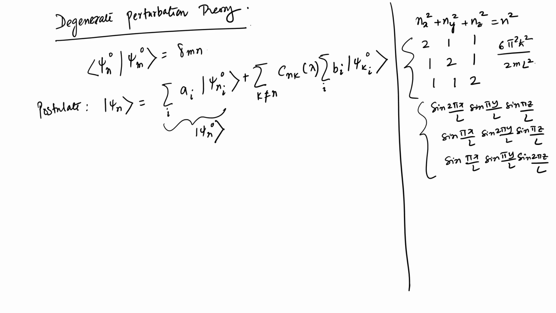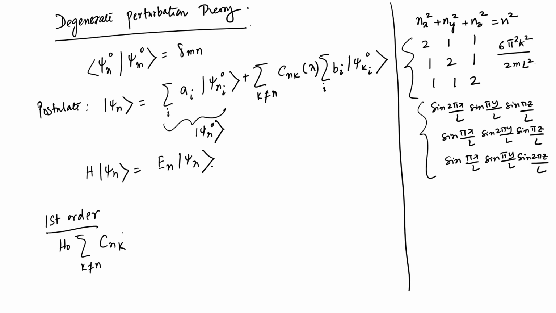So, once again what we do is that we put it into the equation H psi n equal to E n psi n, and use this as the expansion, and E n is also expanded in terms of lambda. So, till first order we get a term which is H 0, and a sum over k not equal to n, and you have a C n k 1.